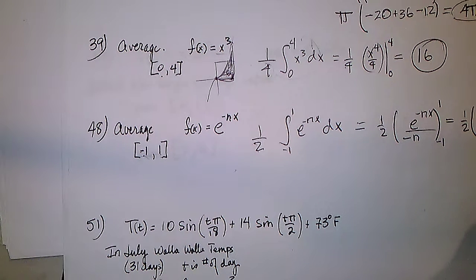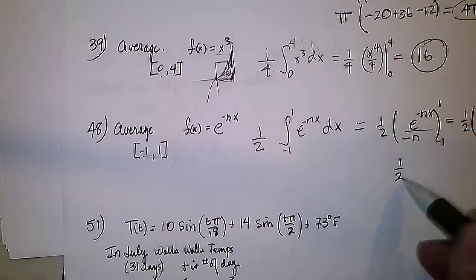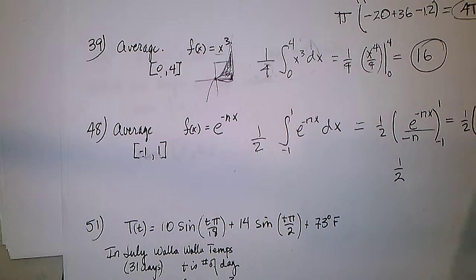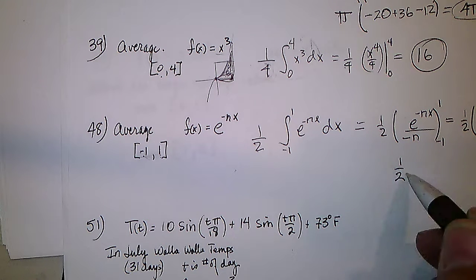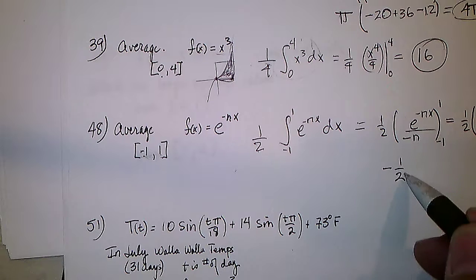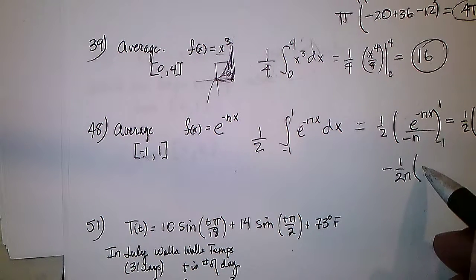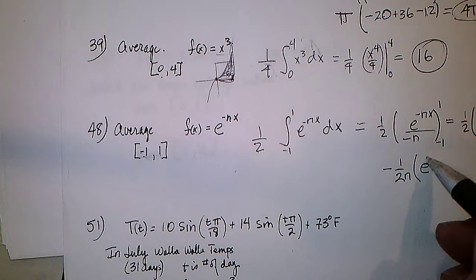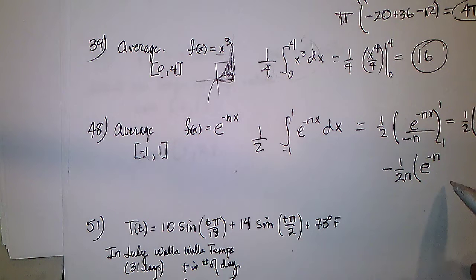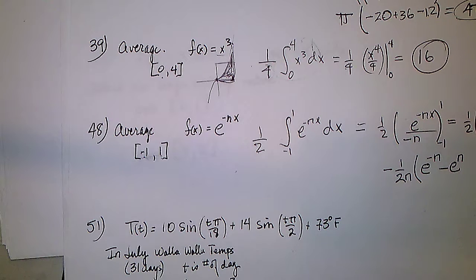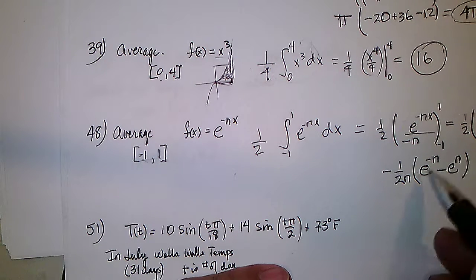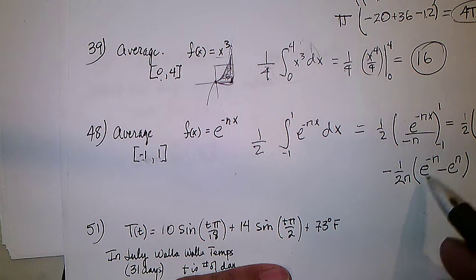And we get this to simplify to 1/2. These are both over negative n. So we've got negative n, e to the negative n minus e to the n. E to the negative n is 1 over e to the n.